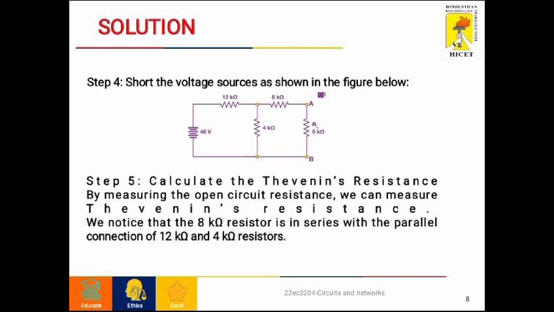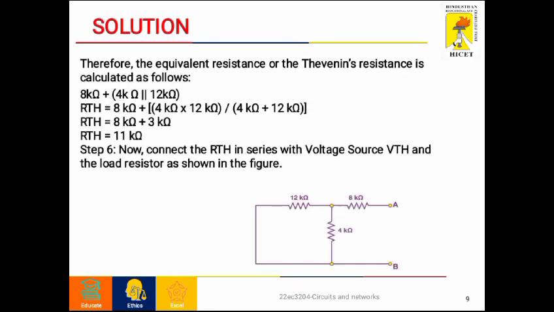And step 4 is to short circuit the voltage sources as shown in the figure. Step 5 is to calculate the Thevenin resistance by measuring the open circuit resistance. Here we know that the 8 kilo ohm resistor is in series with the parallel combination of the 12 kilo ohm and 4 kilo ohm resistors.